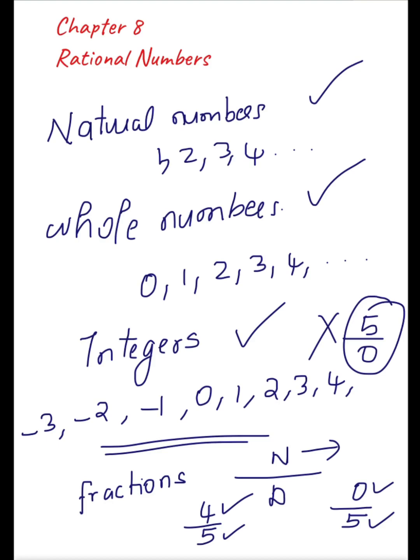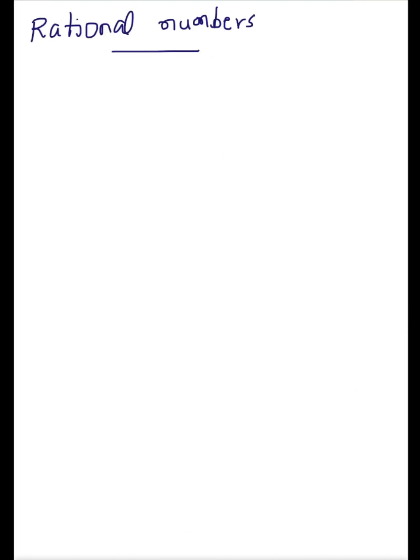Now we are going to study rational numbers and various operations on them: addition, subtraction, multiplication, etc. Before that, let's first see the definition of a rational number. A rational number is a number in the form P by Q, where P and Q are integers.